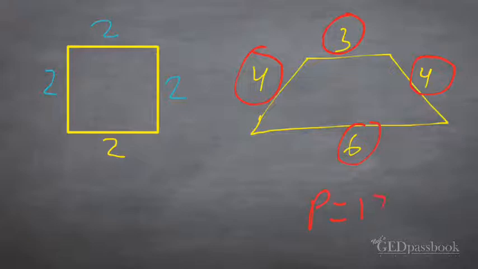So the perimeter is 17. So make that a mental note. In order to find the perimeter of any 2D shape, all you ever have to do is add up all of its outside dimensions. Pretty straightforward. There's a reason why I started with perimeters, because that's the easy one. You just add up all the outsides.